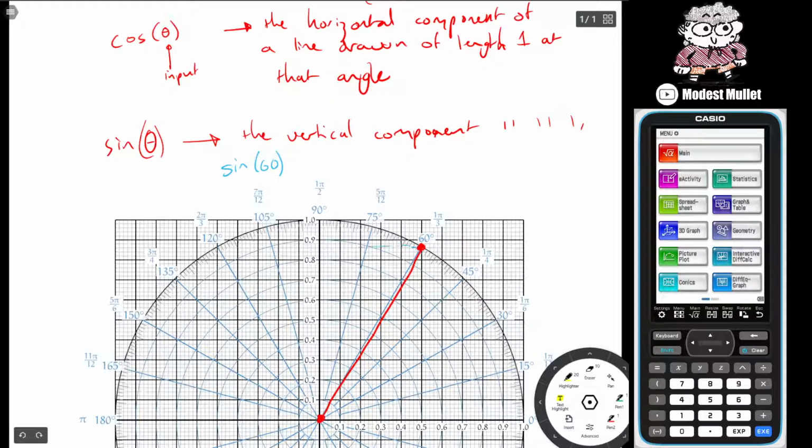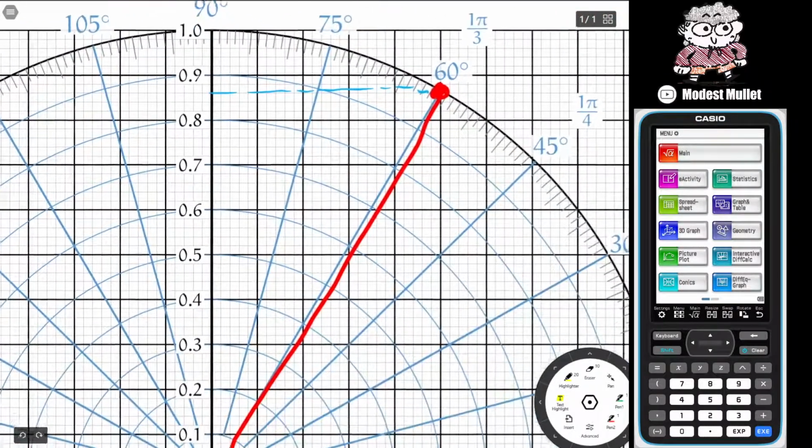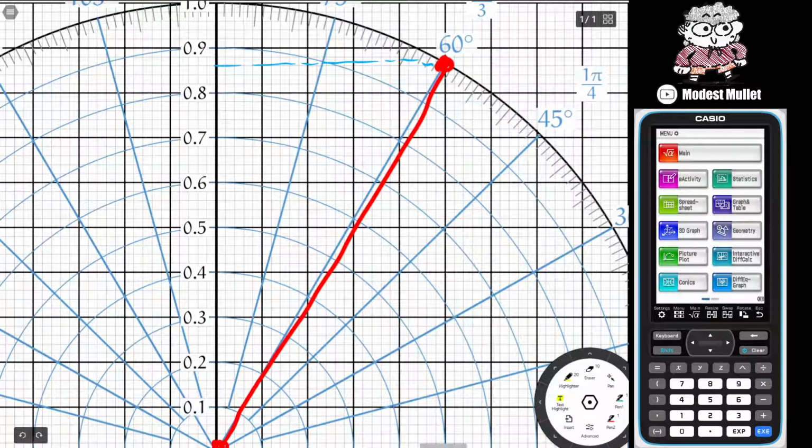Well, the equivalent bit, if I come across, and let's zoom in again and do this nice and accurately. Okay, 60 degrees, comes across like that, and that's how tall it is. And we could read off that y-coordinate at this point, which happens to be about 0.87.